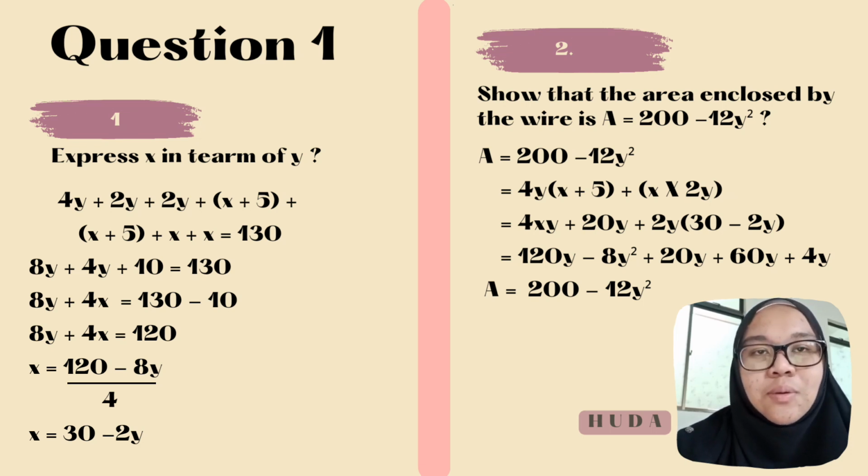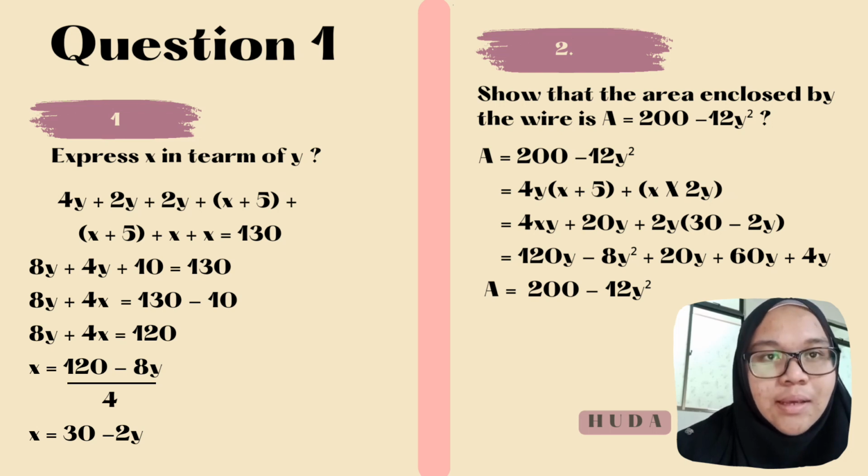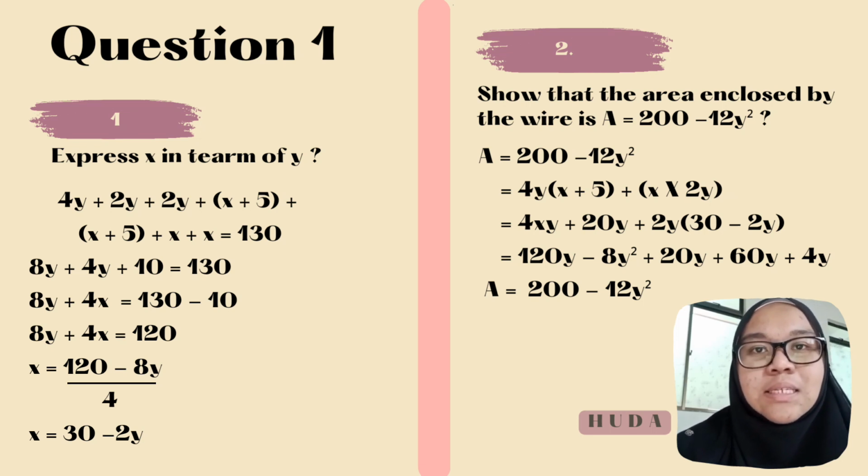Firstly, the solution is 4y plus 2y plus 2y plus (x plus 5) plus (x plus 5) plus x equal to 130. And then 8y plus 4x plus 10 is equal to 130. And then we move 10 to the other side, so we get 8y plus 4x is equal to 130 minus 10.